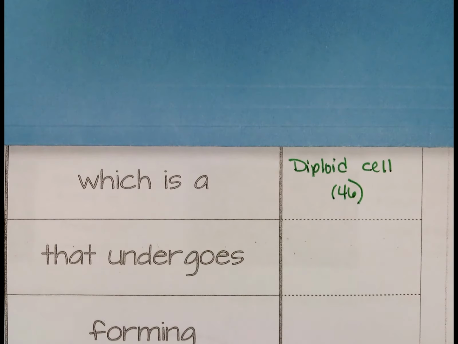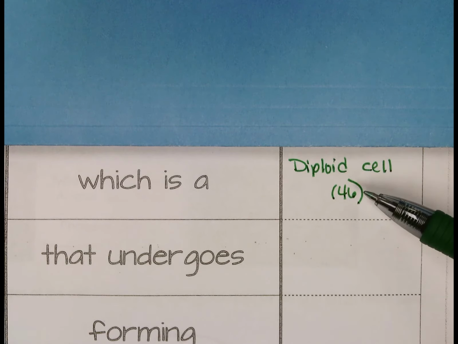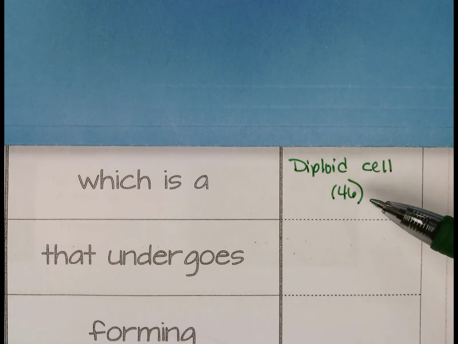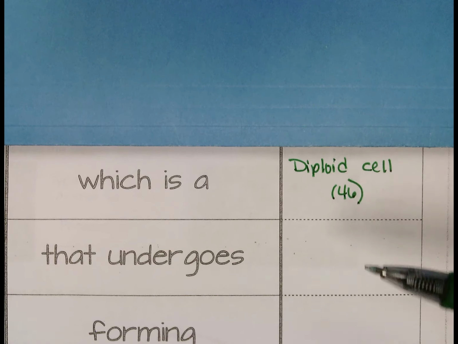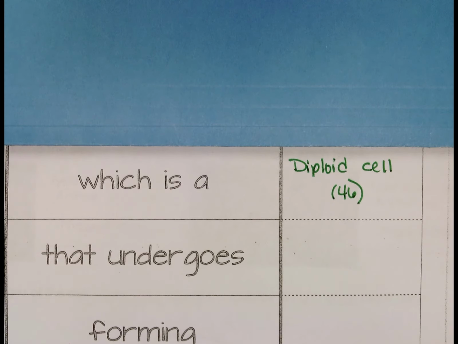However, the gametes that it's going to produce will be haploid. It makes sense because there's two sets of cell divisions. During that first cell division, it's the same as mitosis. Meiosis 1 and mitosis are the exact same thing. They start off with a diploid cell, and they produce two diploid cells. Only meiosis is going to go through another cell division.